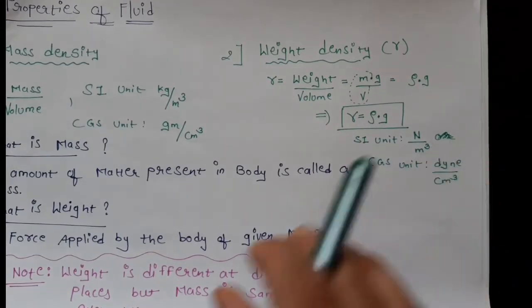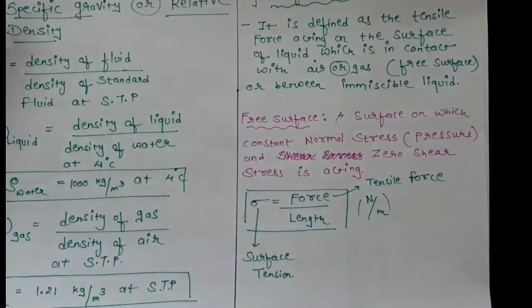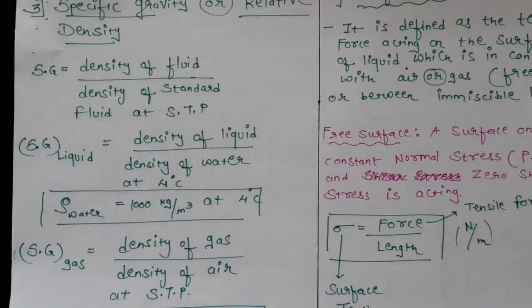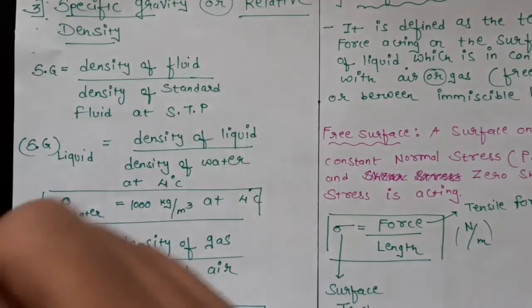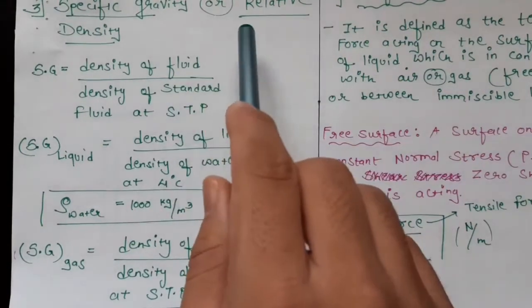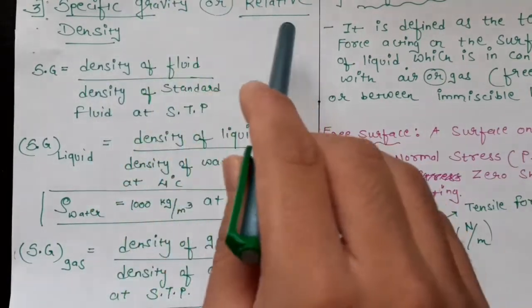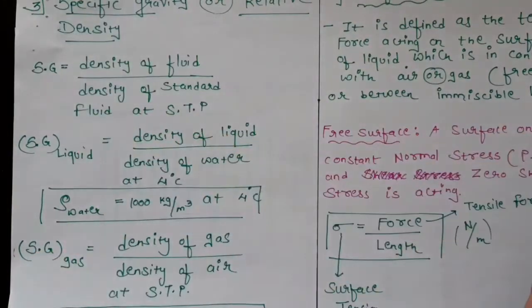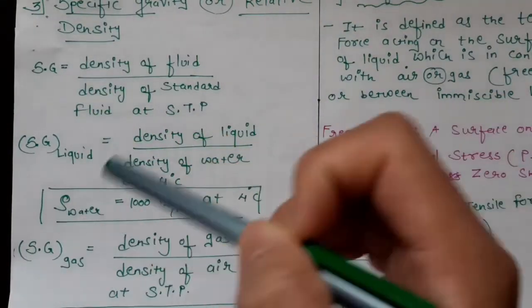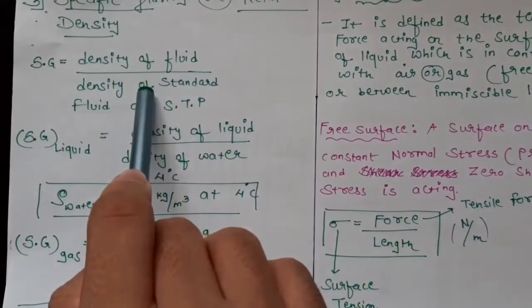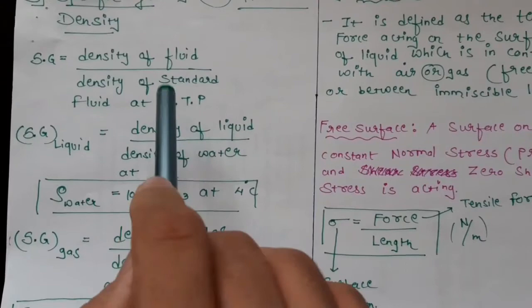Now we will move towards the specific gravity or the relative density. Specific gravity or relative density is used to compare the density of two different fluids with respect to one standard fluid. So specific gravity is given by the density of the fluid upon the density of the standard fluid at STP, that is standard temperature and pressure.